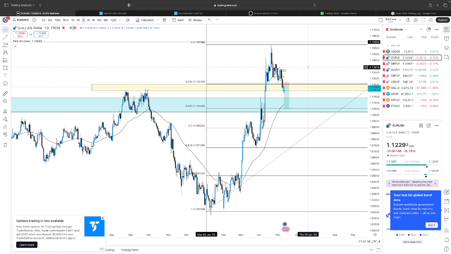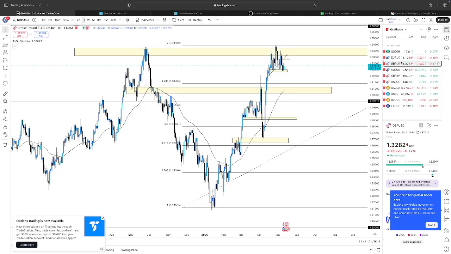So being that the euro is being paired with the US dollar, this essentially goes for all currencies that are paired with the US dollar. So for example, on the GBPUSD, price action has created a similar 38.2% retracement on lower time frame.